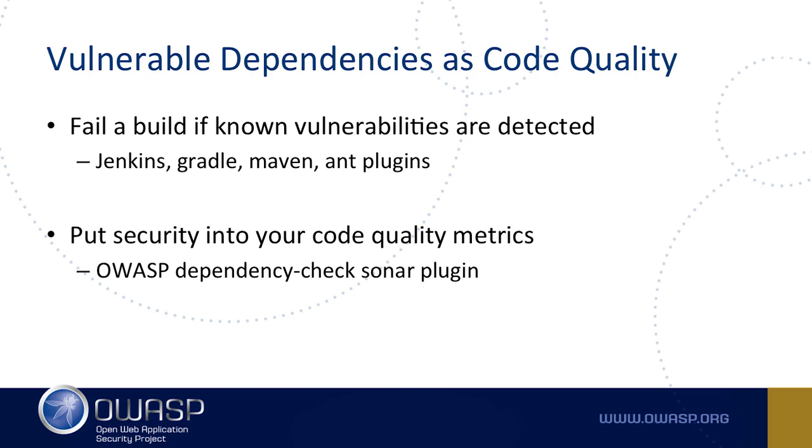You can fail a build if vulnerabilities are found, or you could fail a build if the vulnerabilities are above a certain threshold. So if I find a library that has a CVSS higher than 7, I could fail a build, but I'm going to allow the lower risk ones. Not necessarily a good idea, because sometimes those lower risk ones add up to a bigger exploitable problem. But you can start treating your vulnerable dependencies as code quality.